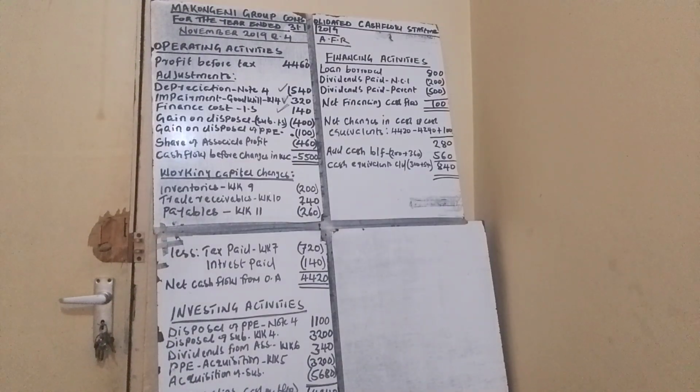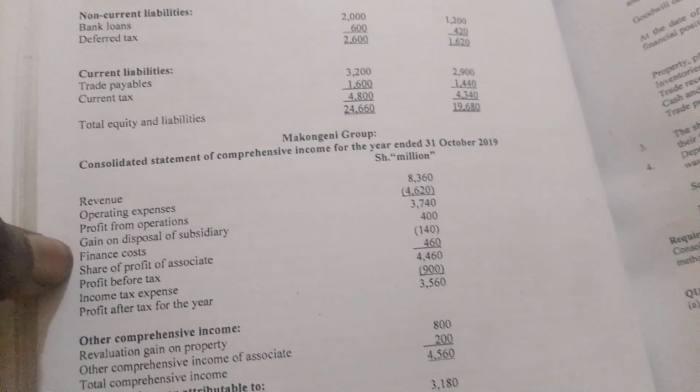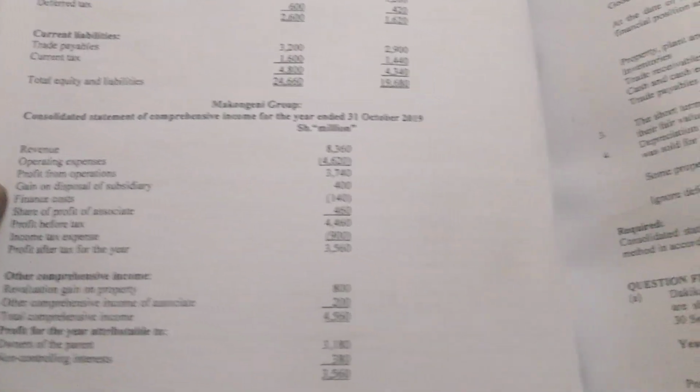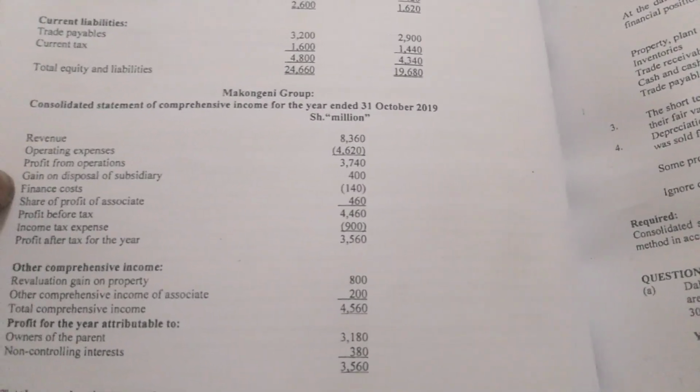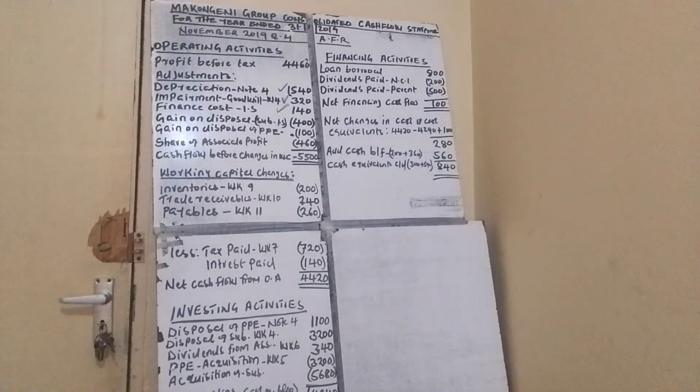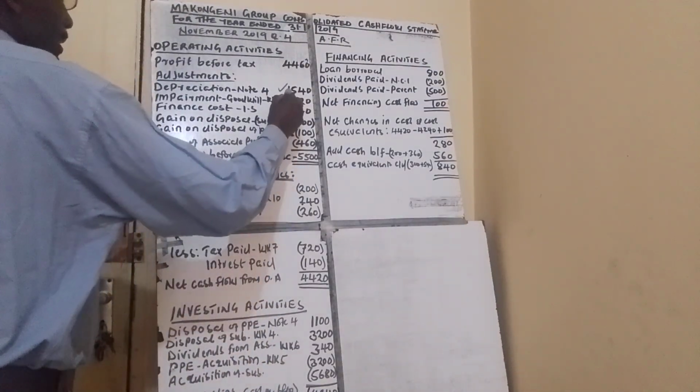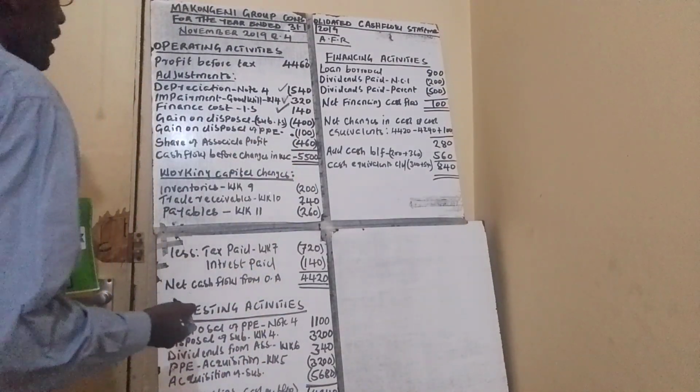You can see the finance cost, they deducted 140. Finance cost was deducted, but should not have been deducted at that point. It is a misplaced item. So it was deducted, you add it back.